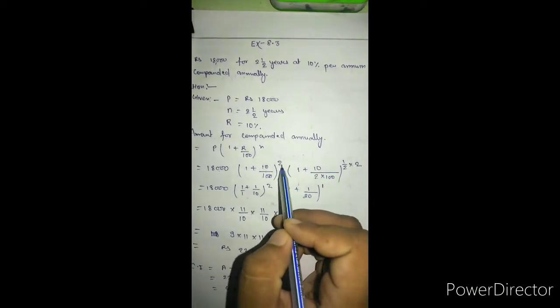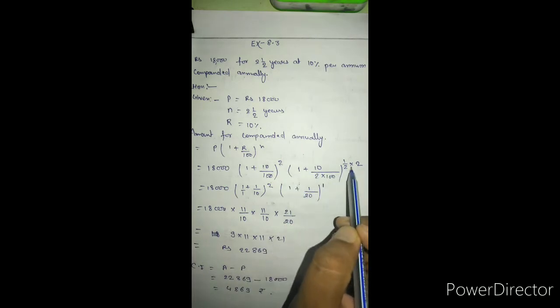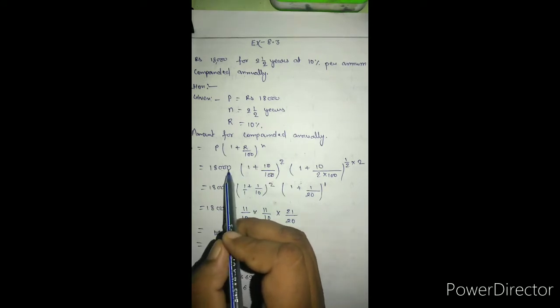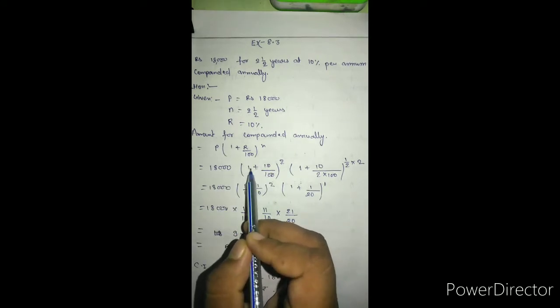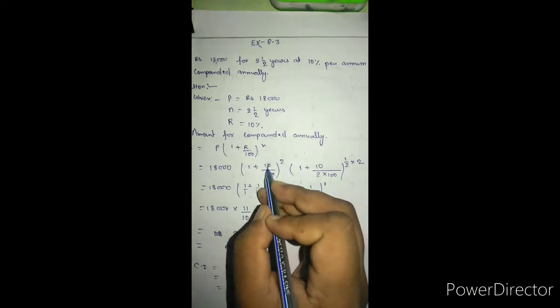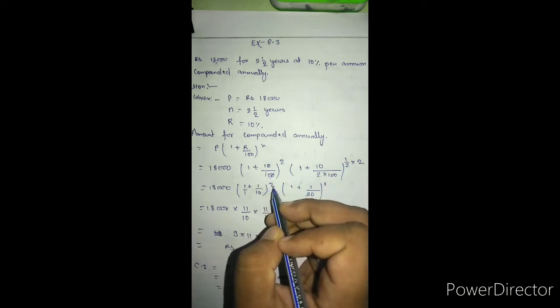This is for the 2 years, and you have to multiply it by the factor for the half year also. Now look and understand it. So P is 18,000, 1 plus 10 by 100, cancel, gives 11 by 10, to the square.